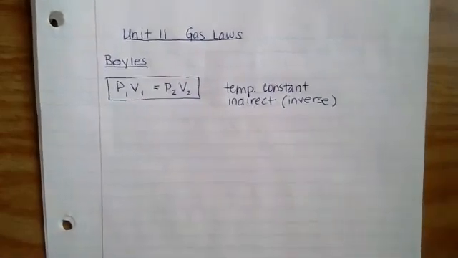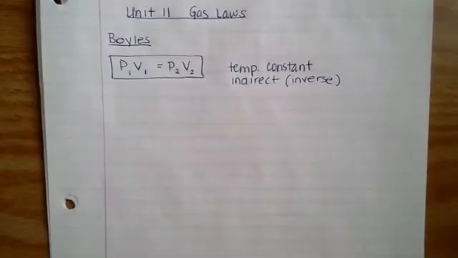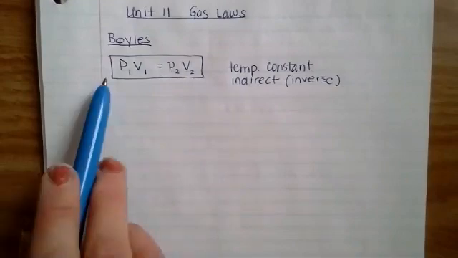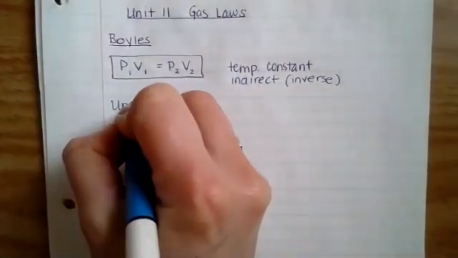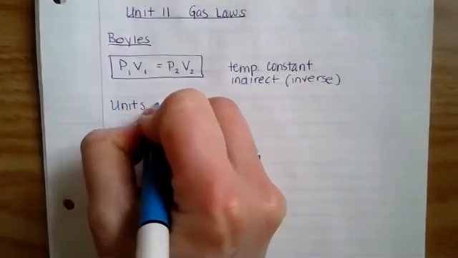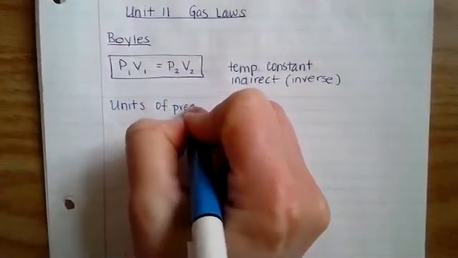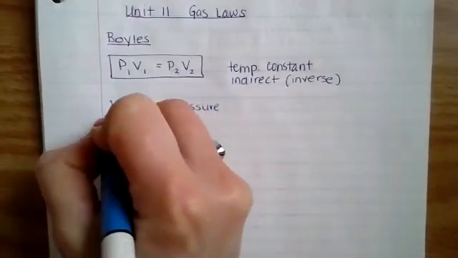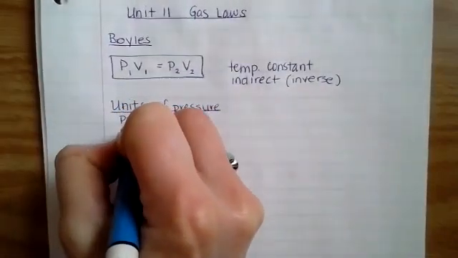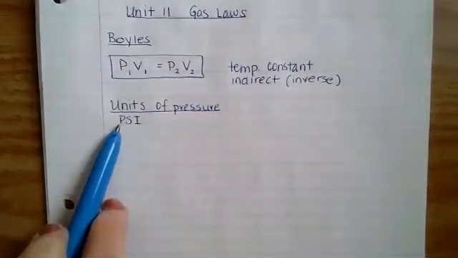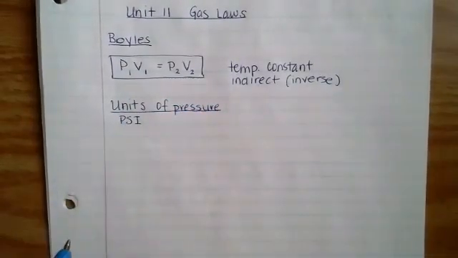One thing I want to add today are possible units that you may encounter for all the different variables. Let's start with pressure. Pressure has quite a lot of units that can be used. So units of pressure, let's list those. One that you may have heard of is called PSI, pounds per square inch.